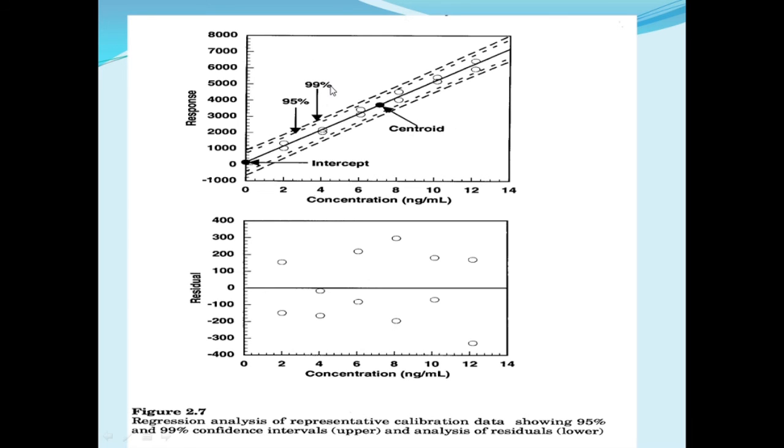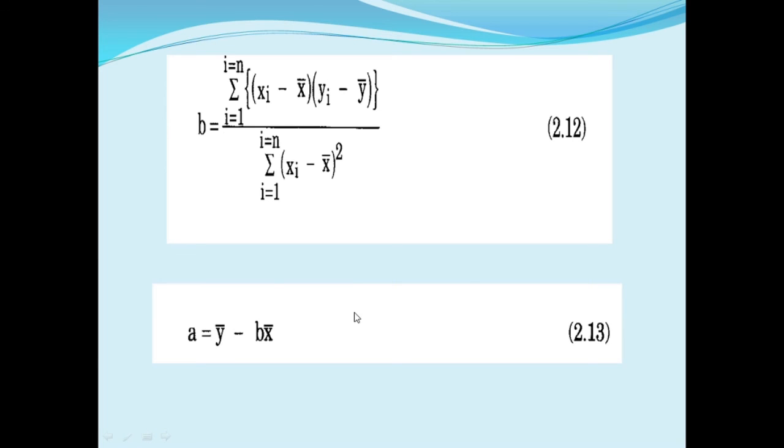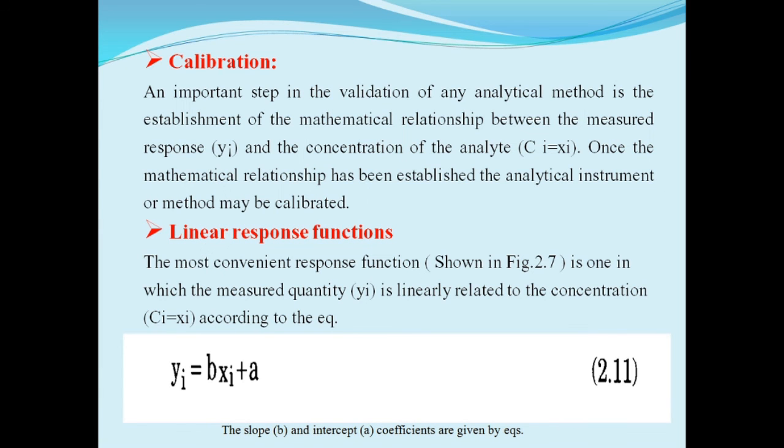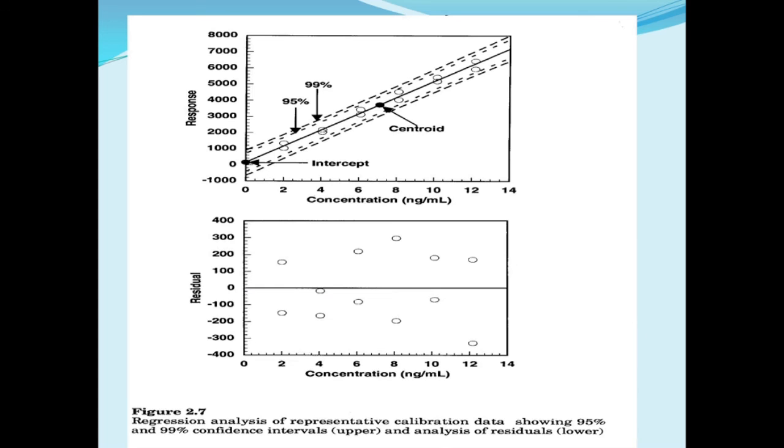Here b is the slope and a is the intercept of the linear response function. Thank you.